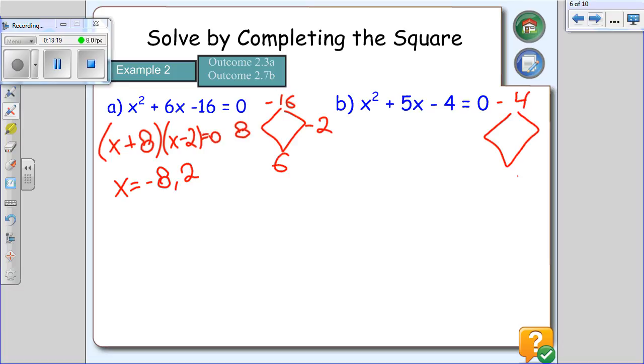No, because the negative 4 has to be negative. Negative 4 and negative 1, if you multiplied them together, wouldn't work. That would be a positive 4. Okay, what's another thing that would work? Nothing would work.